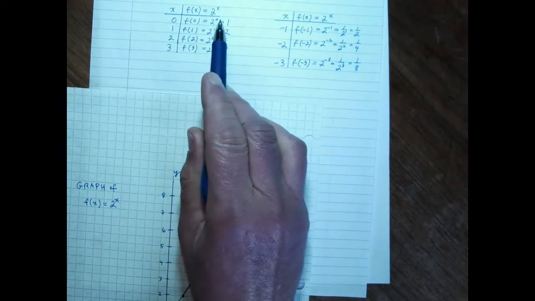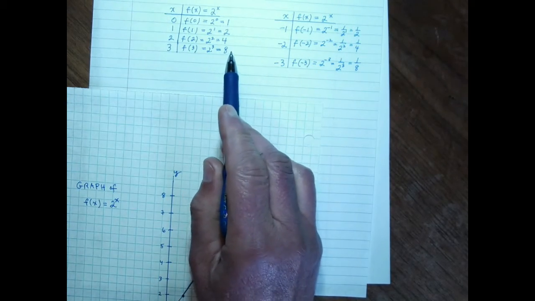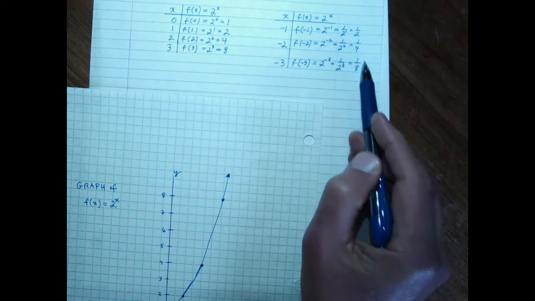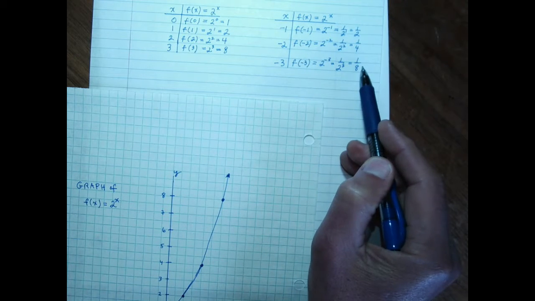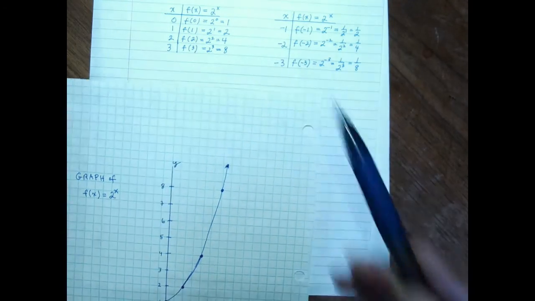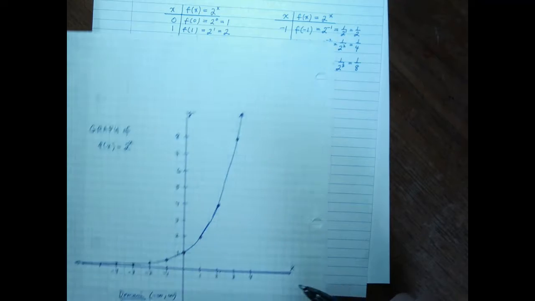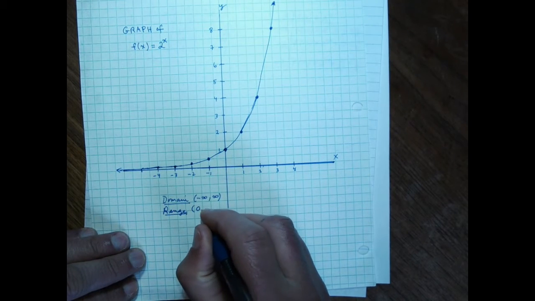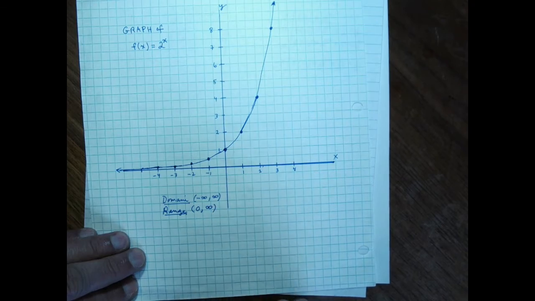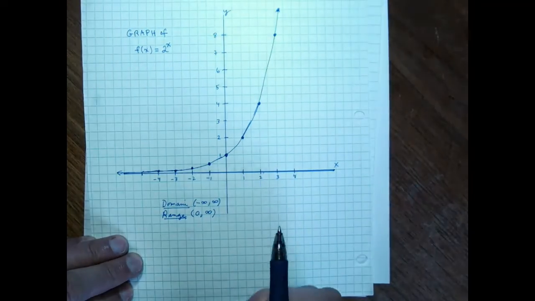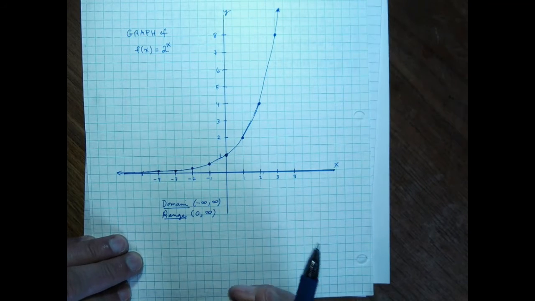If I plug in a positive value for x, I get a positive y. If I plug in a negative value for x, I still get a positive y. I get these fractions. There's no way for 2 to a power to come out negative, and no way for it to come out 0 either. It's always greater than 0, or positive. That means the graph is always above the x-axis, never on it, never below it.